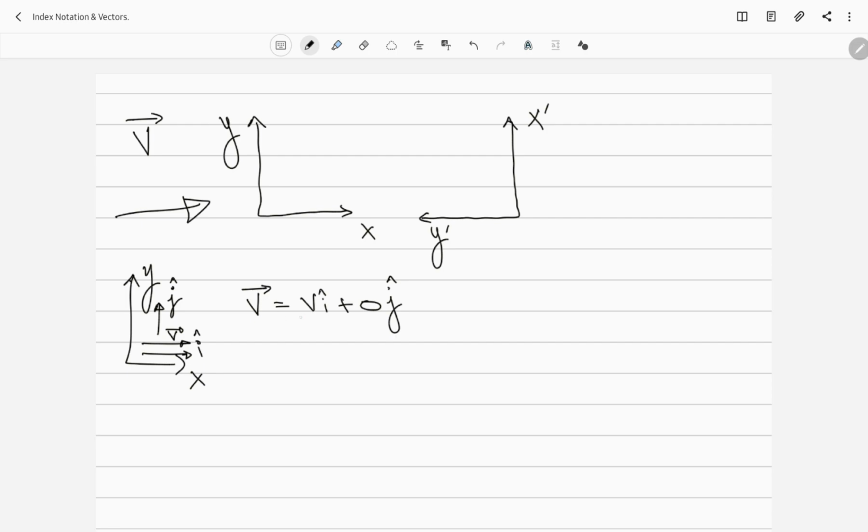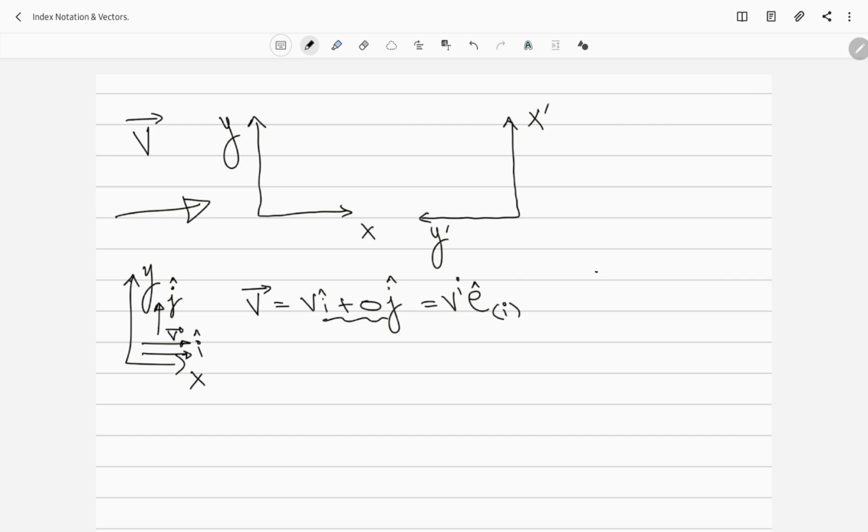And with this, it can be written in index notation as v i e hat i, right?